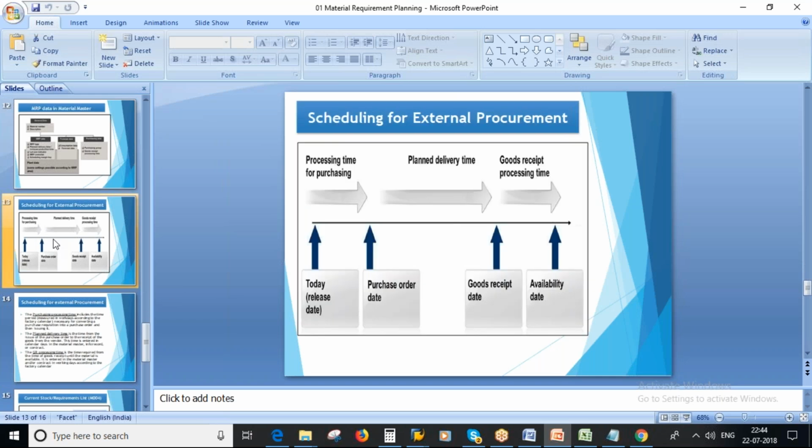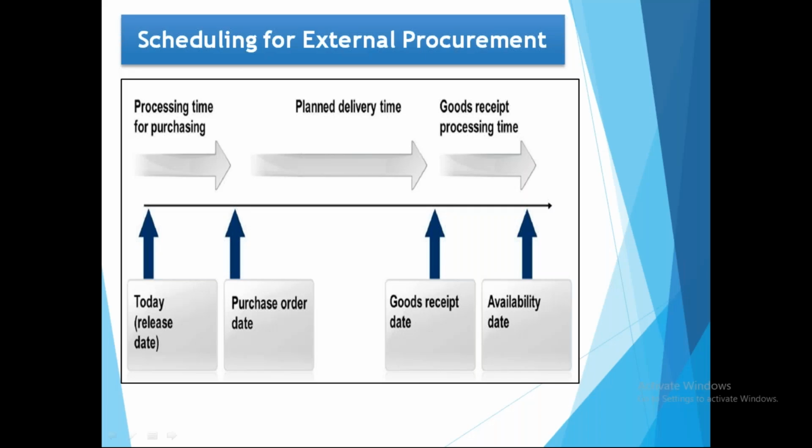Okay, now how the scheduling happens in case of external procurement, this is very important. When you are running MRP, the system will do the scheduling also. That means it will determine the dates. Now, let's say your raw material or a packing material has to be available for production by a particular date.